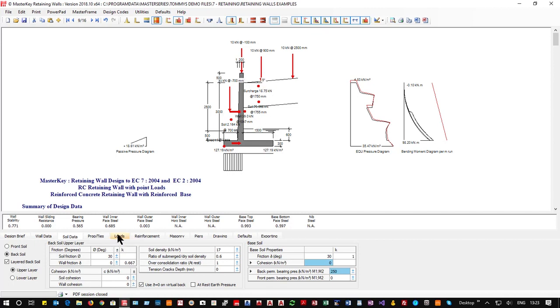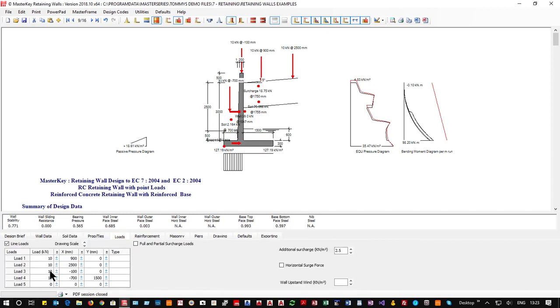So let's go and look at these point loads, because this is quite interesting. We've got a point load at 900 and a point load at 2500. So these 2 point loads are coming down on the wall, and we can even designate if they're live or dead loads. So we can say the second one is actually a dead load from a building and just say it's permanent.